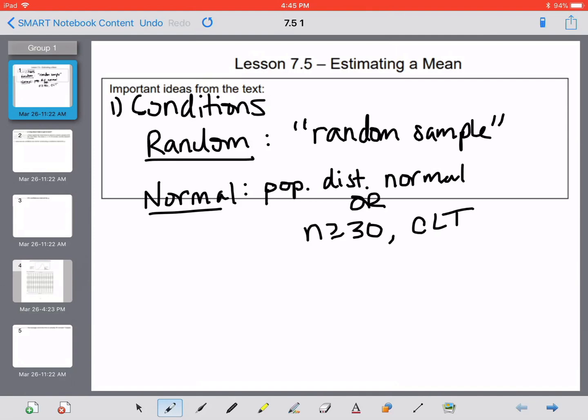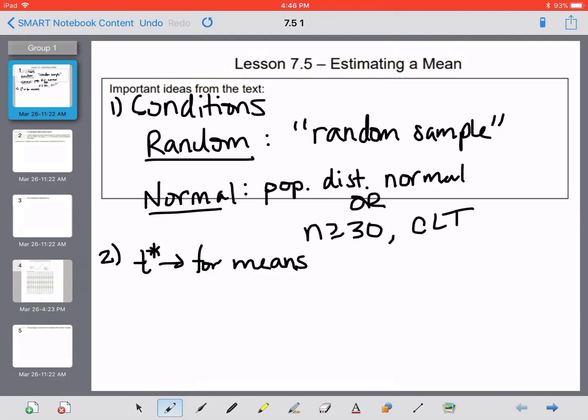So check the conditions. The second thing here is something new for us. We've got a t-score. So instead of using table A for a z-score, we're going to use table B for a t-score. The real difference between z and t: z is for proportions and t is for means.